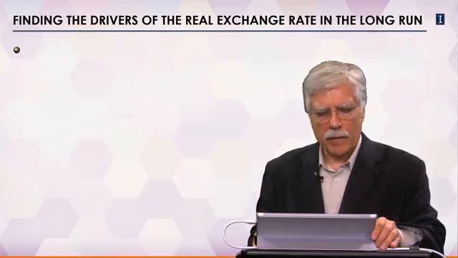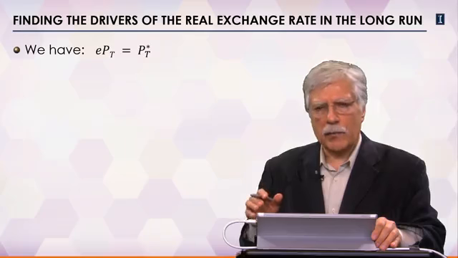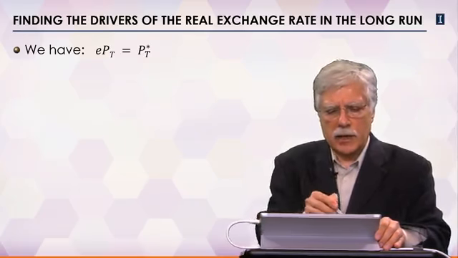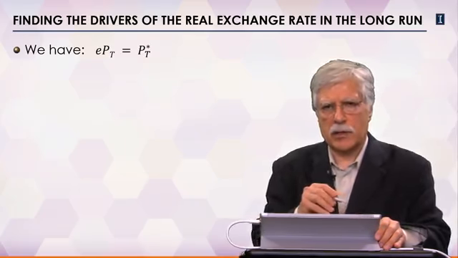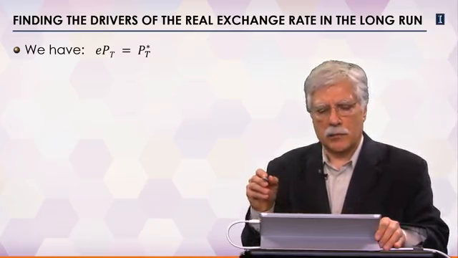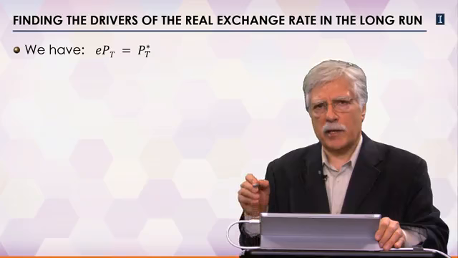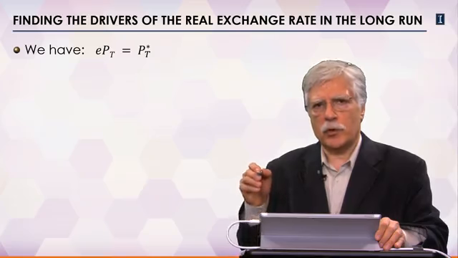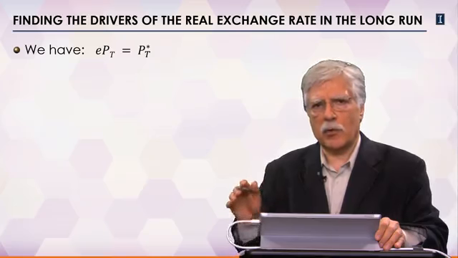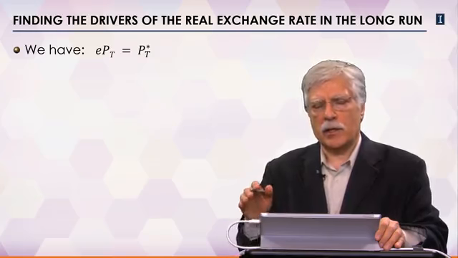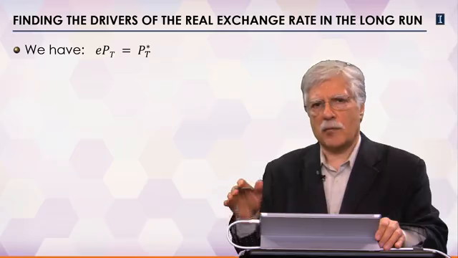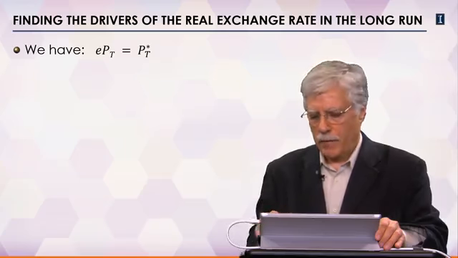Now, the claim that I have is that E times PT is equal to PT star, meaning that purchasing power parity holds true for the completely tradable components of the products. The difference in price levels is going to come from non-tradables.